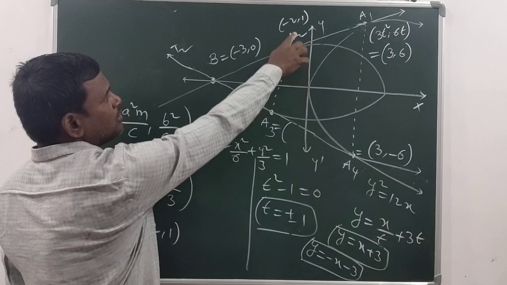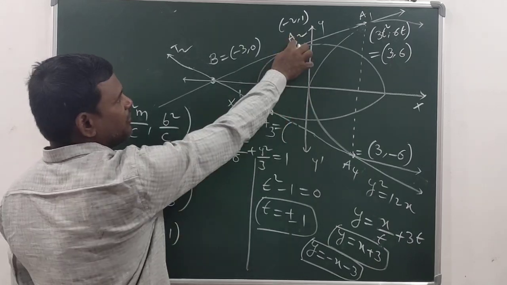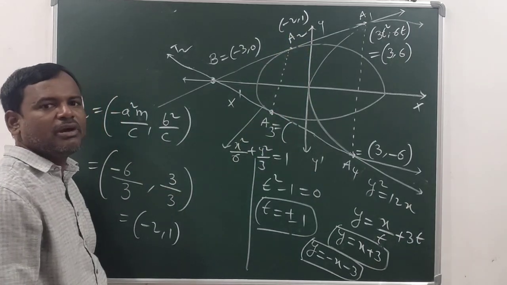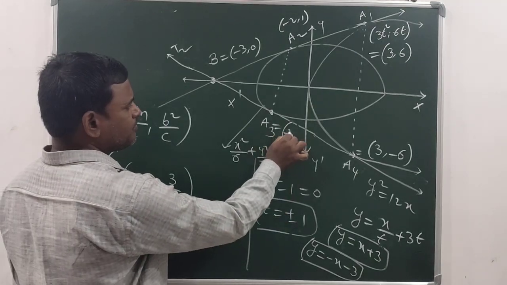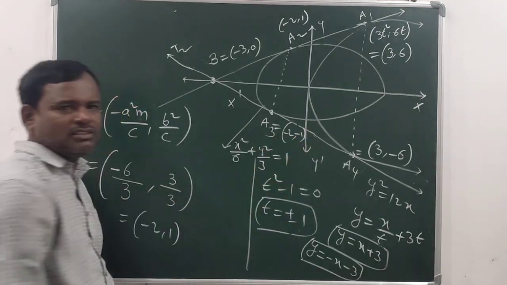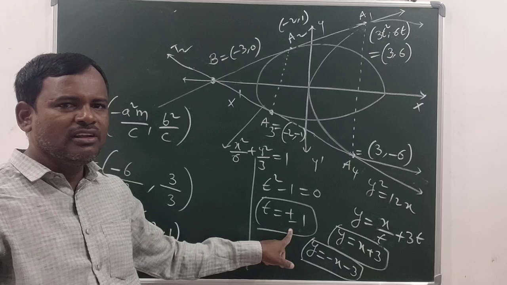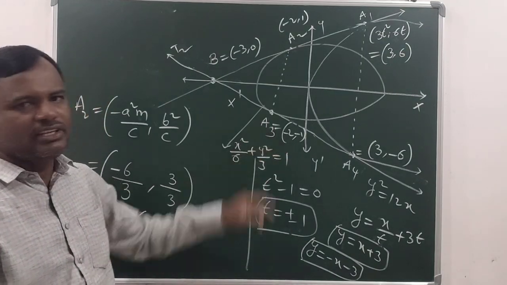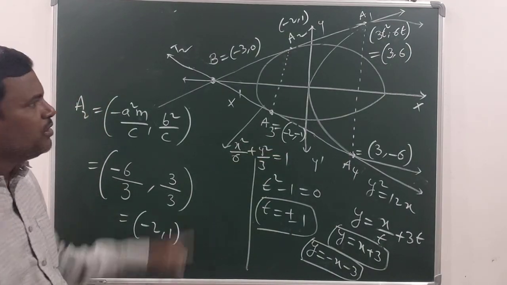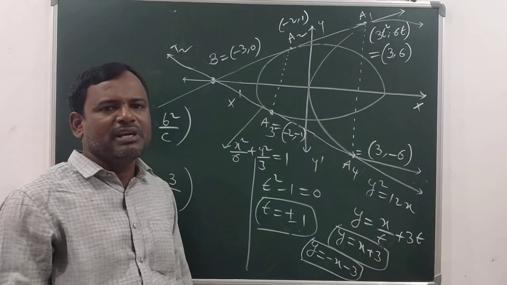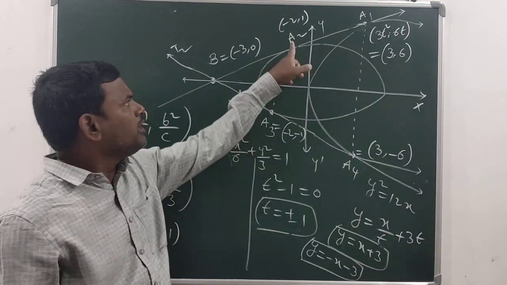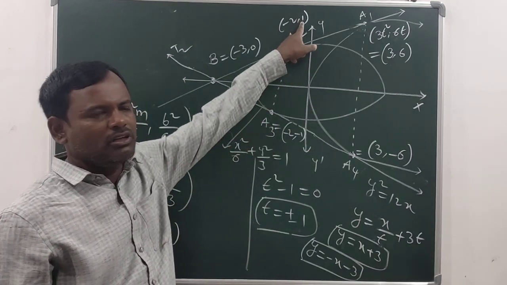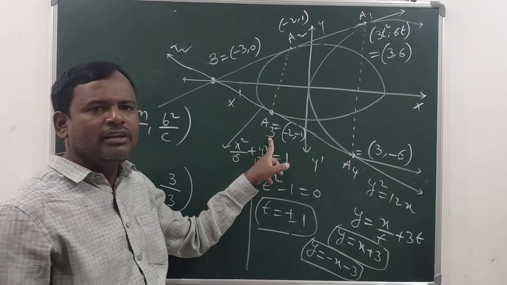Okay, so this is the image of A2. Directly you can write minus 2 comma minus 1. Otherwise take t equal to minus 1 and write the coordinates of A3. You know this ellipse is symmetrical about x-axis. So here A2 coordinates minus 2 comma 1. Then by default you can write A3 coordinates.